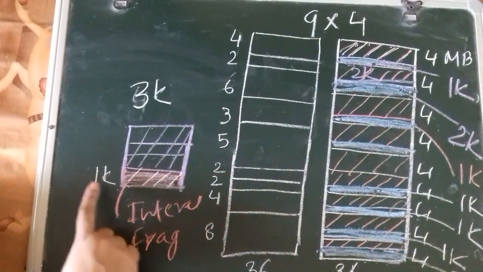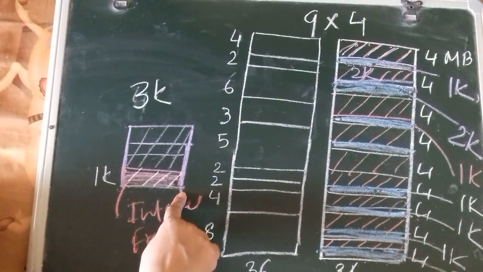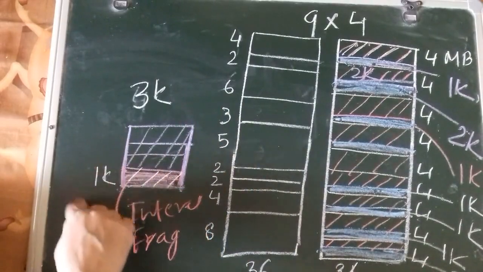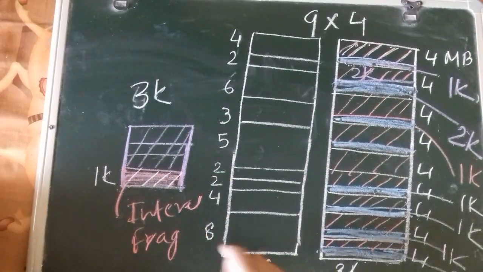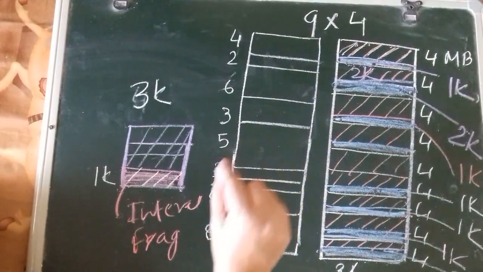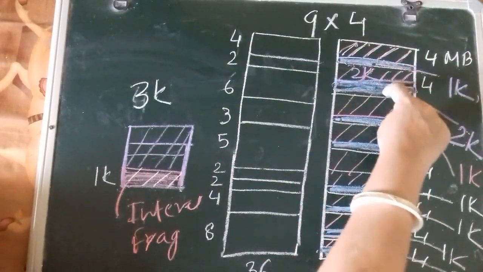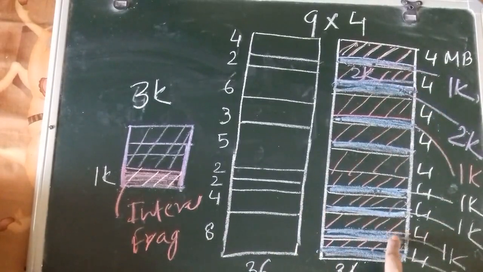If a 1K job comes, we can fit it here, there is no problem, but usually process size will not be so small, so it will be considered wastage. So internal fragmentation is when inside the partition I have some wasted space, like this 1K, here 2K, here 1K, and here 2K, because 2K is occupied by the process and 2K is wasted.